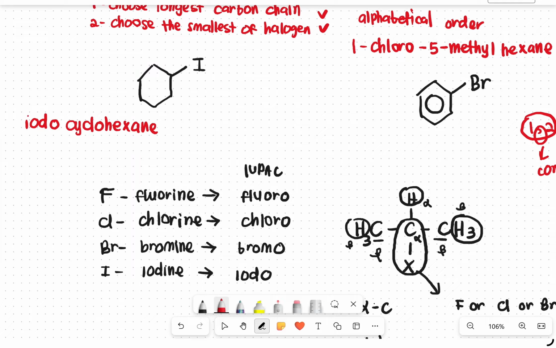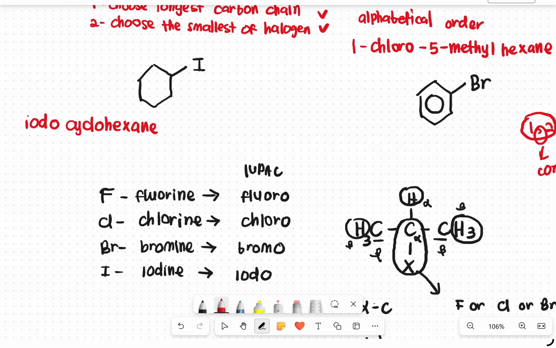Now if there are other substituents attached, then you have to name based on just like the previous one, what is the number of the substituent attached and so on.